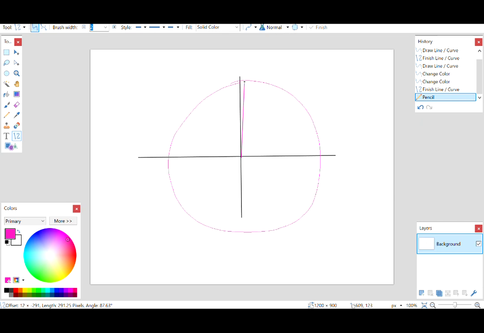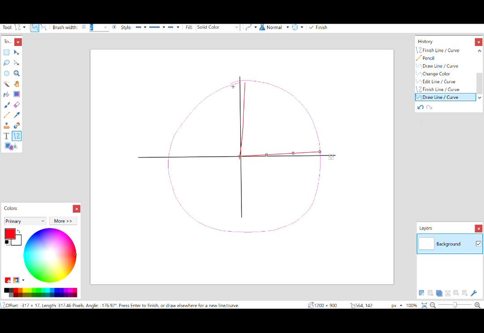So notice this line here has a very big slope. This line here has a very small slope, but both of those slopes are positive. The y over x will be positive, but that's a big slope, that's a small positive slope.